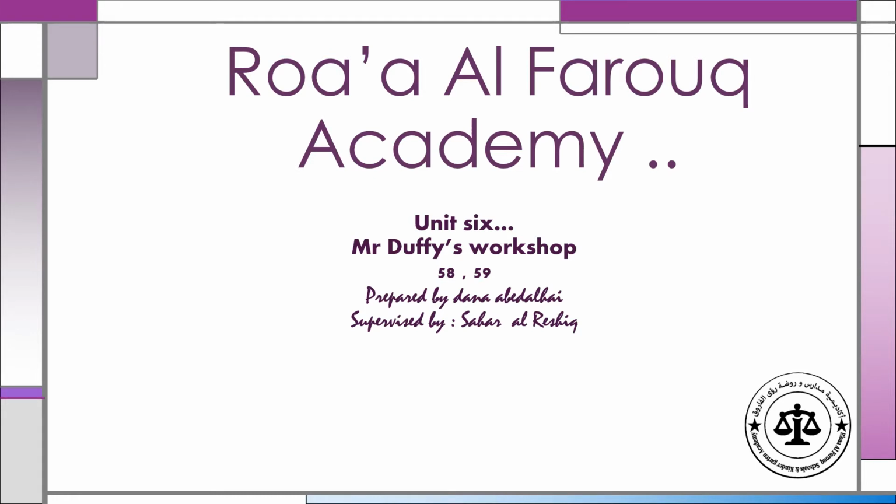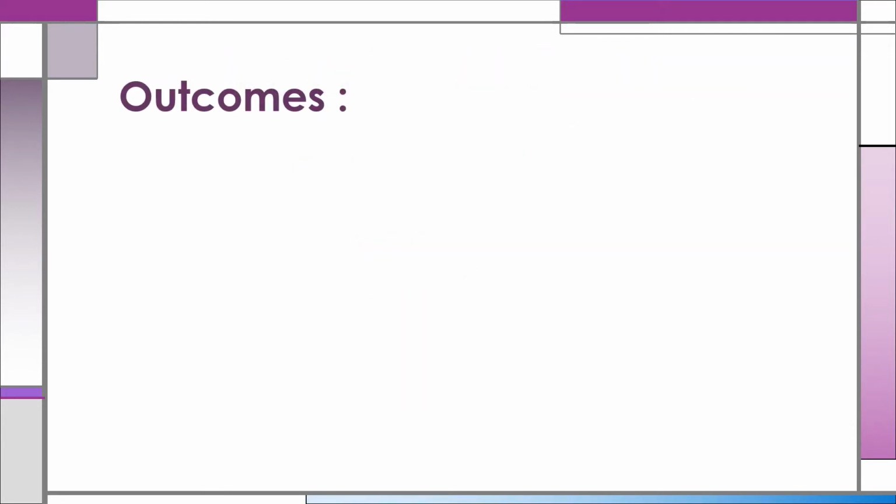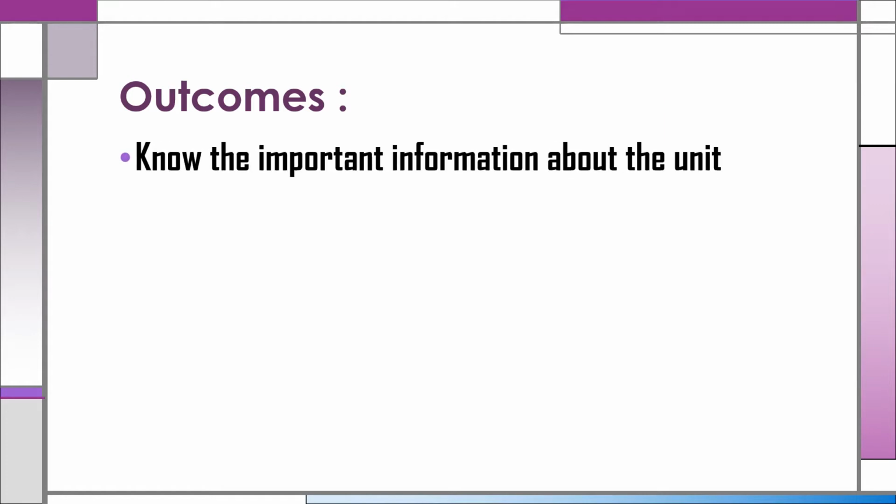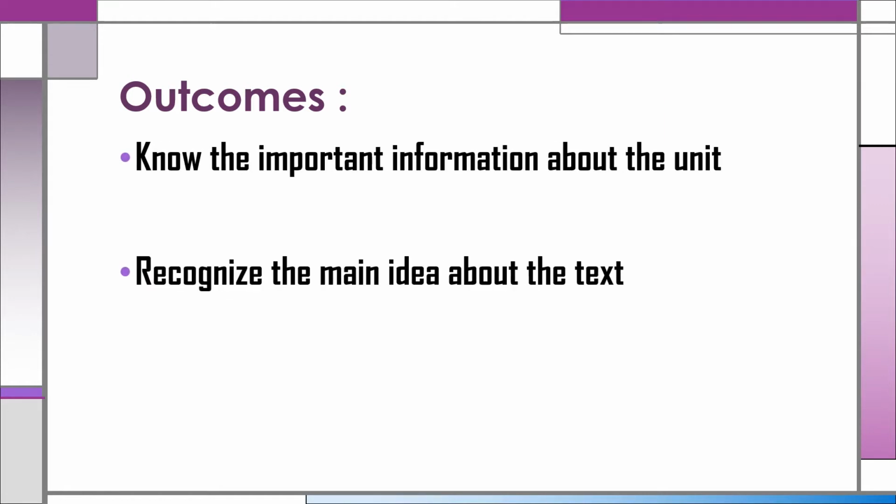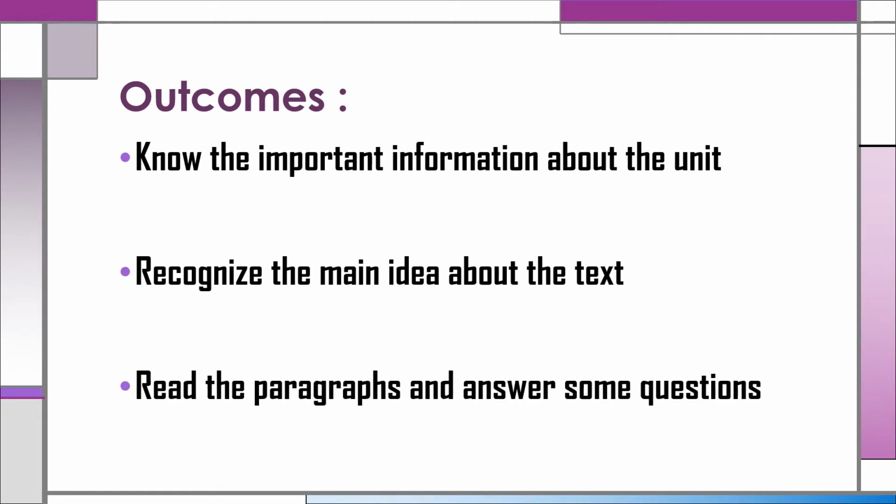This is Unit 6. This is about Mr. Duffy's workshop. So let's start, make an introduction about this unit, then start our lesson. The outcomes of our lesson today: students should be able to know the important information about the unit, recognize the main idea about the text, and read the paragraphs and answer some questions.